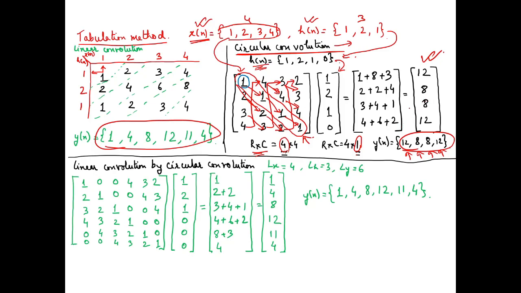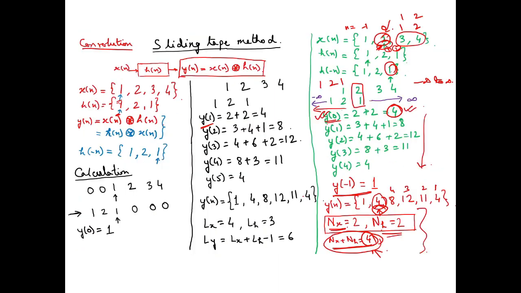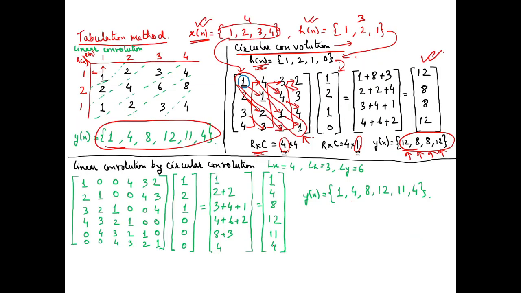However, in the previous slide, when we talked about the output of the linear time invariant system, LTI system, the length of the output depends on the length of x and the length of h. So by this formula we get the length of the output component.